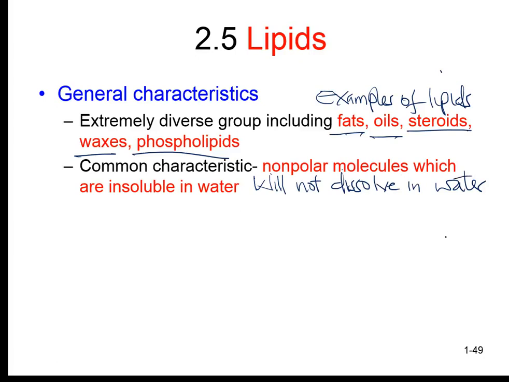What you will see is they are going to either float or go below the water. We don't see them mixing with the water. So they are insoluble. They do not mix with water. That's what it means.